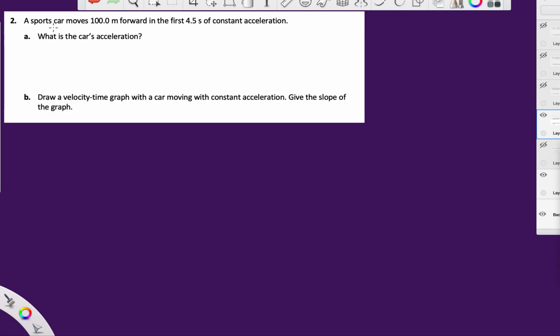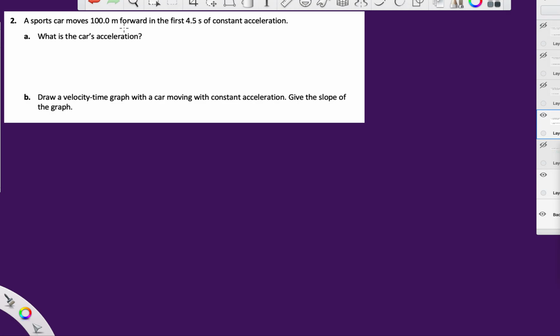But we have to use it in a different format, right? I mean, we're only given a certain bit of information. So what I'm going to do is use that same formula. A sports car moves 100 meters forward in the first 4.5 seconds of constant acceleration. All right?